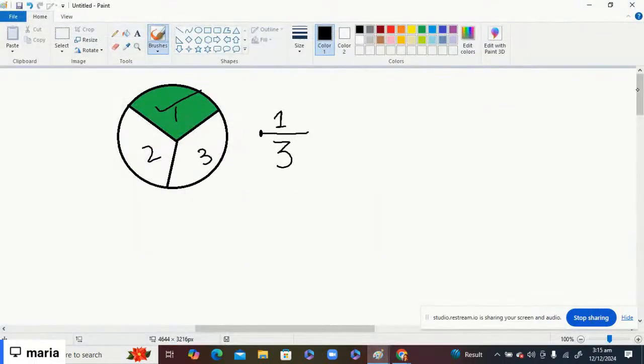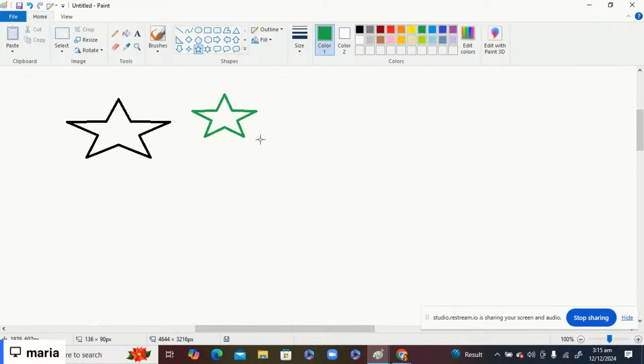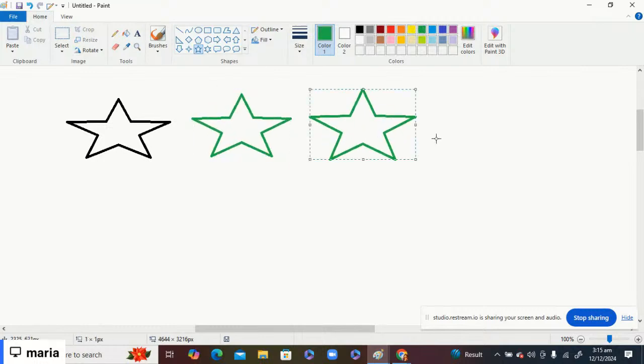Let's take some questions from there. For example, if I'm going to draw the stars, first of all, you tell me how many total stars are there, and then we check how many black in it. We are interested in the black.